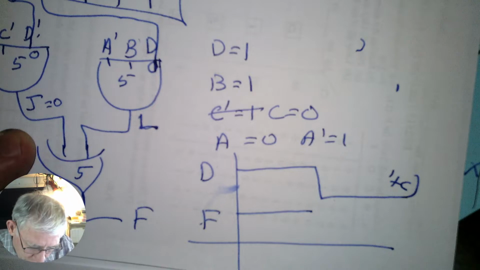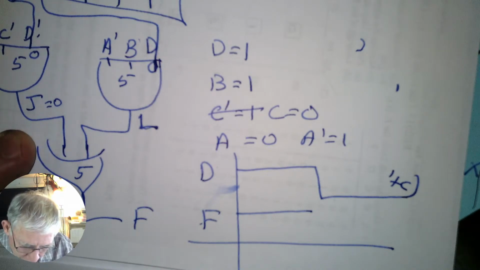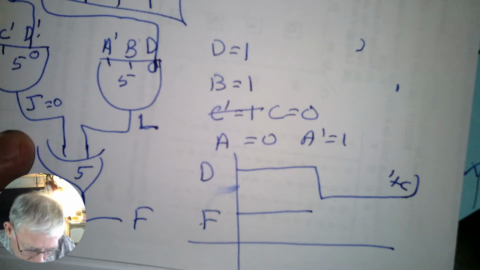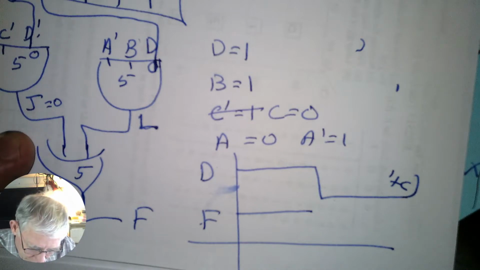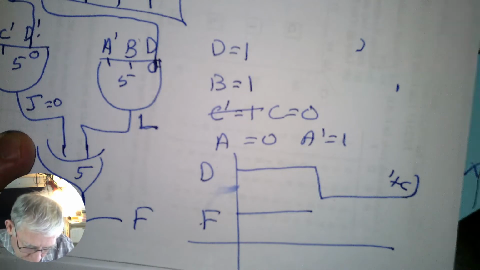And so there's a period of time here where L is 0 and J is 0. And that forces F down to 0. And then it doesn't come back up until J goes up. And then there's still 5 more nanoseconds before this comes up. So this is going to be 5 nanoseconds, and this is going to be 10 nanoseconds wide here. So that would be 15, and this would be 20.